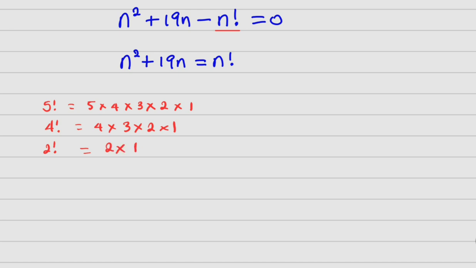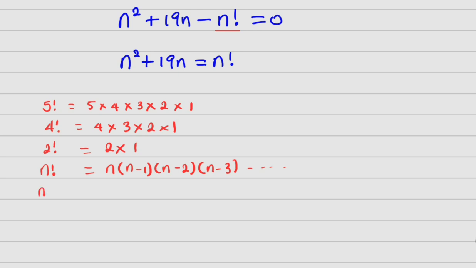Now you can see that it's reducing. So it means that if I have n factorial, it's going to be, watch, n into n minus 1 into n minus 2 into n minus 3, and it will move like that.